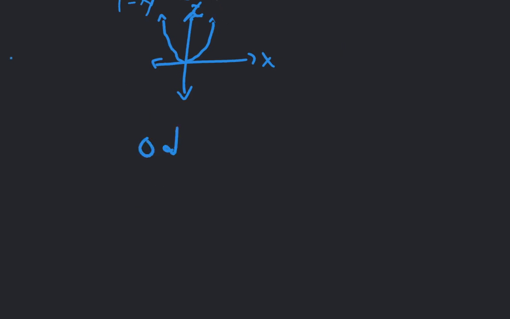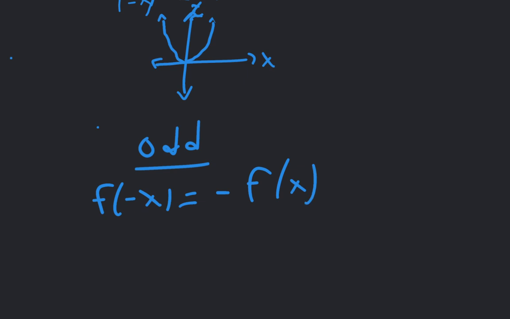For odd symmetry, it's a little bit different. We're still plugging in f of negative x into our function, the argument of the function. But instead this time, now we want it to be negative f of x. So what this would mean is that it's the negative of the function value.